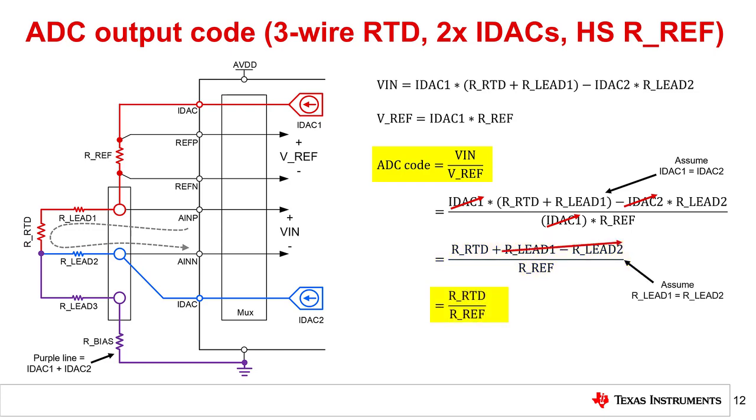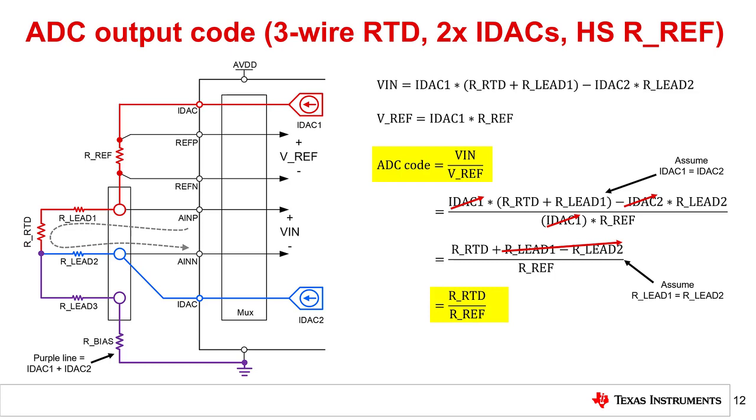Lastly, let's also assume that R lead 1 is equal to R lead 2. This assumption yields the final ADC code equation for a 3-wire RTD using 2 IDACs and a high side RREF, which is R RTD divided by RREF.